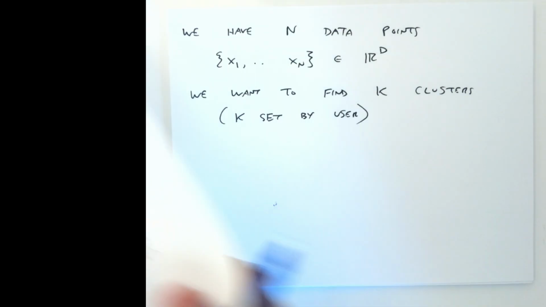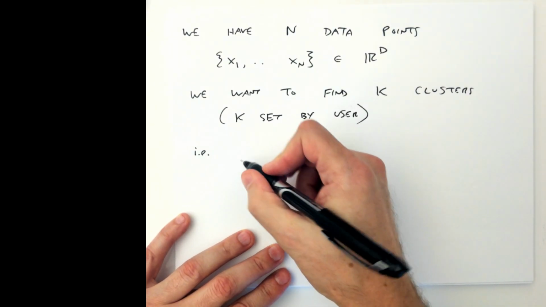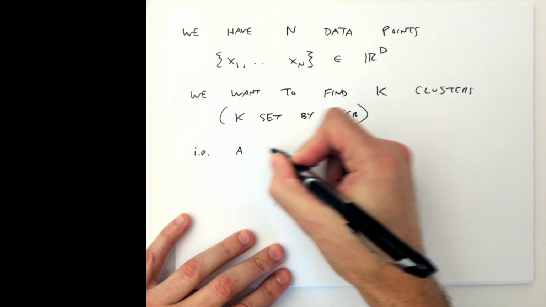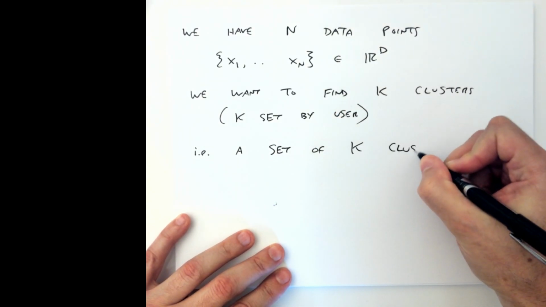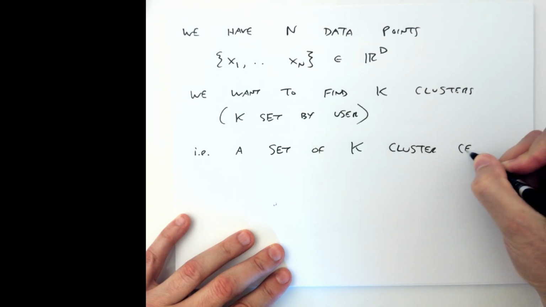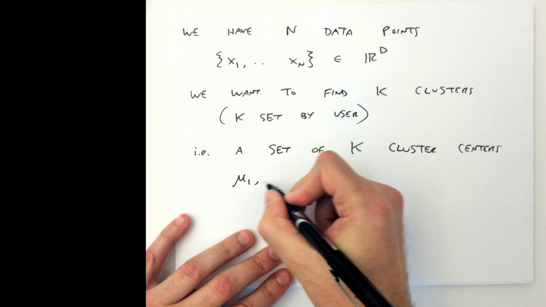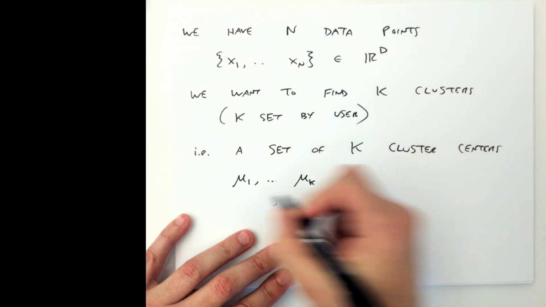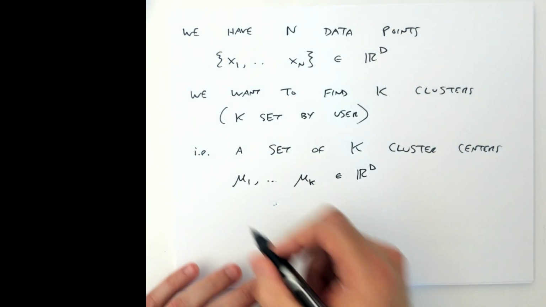Being more formal about that, we want to find a set of k cluster centers, let's call them mu1 through mu k. Each of these is in d dimensions also.